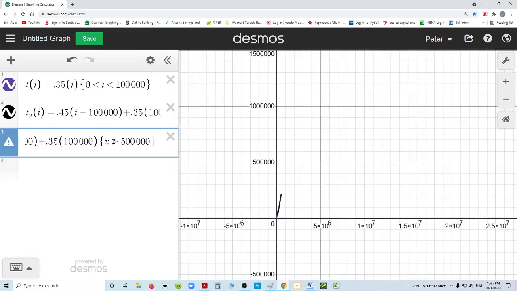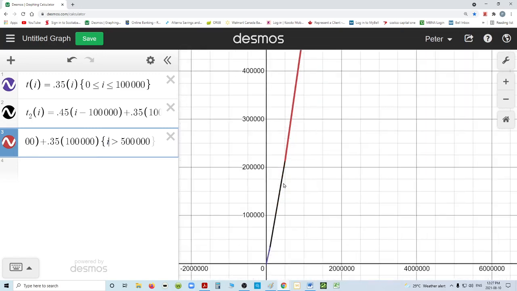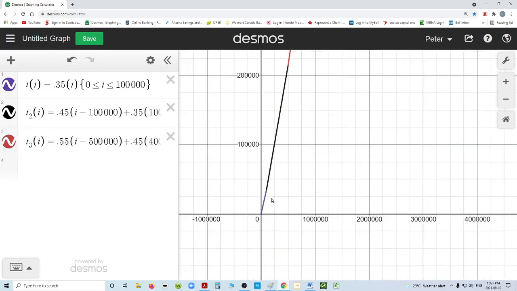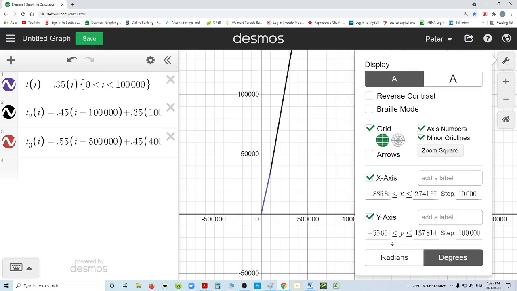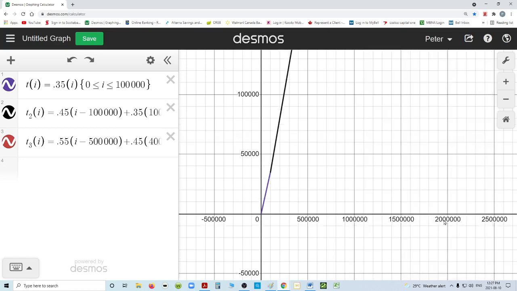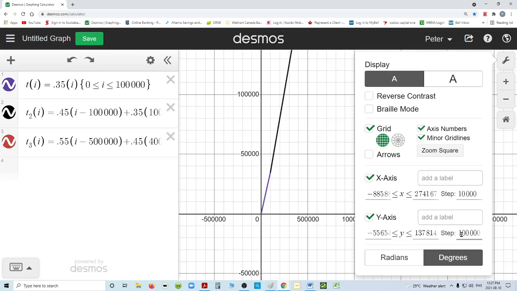Oh, I know what I did. It's X. It's got to be I. And there, sure enough. Now that one, see, there's three distinct graphs, and you can't quite see the slope as well. So I'm going to try to stretch out my X. Oh, no, I wanted to stretch out my X, not my Y.